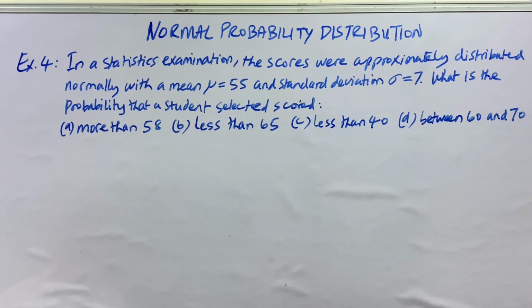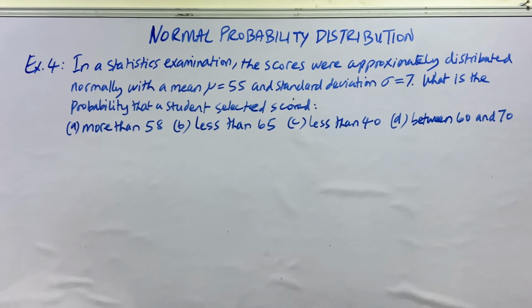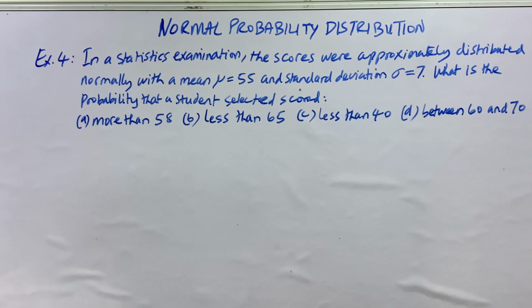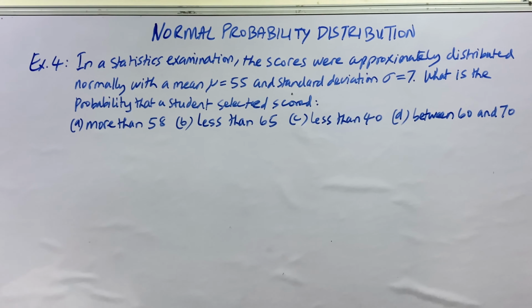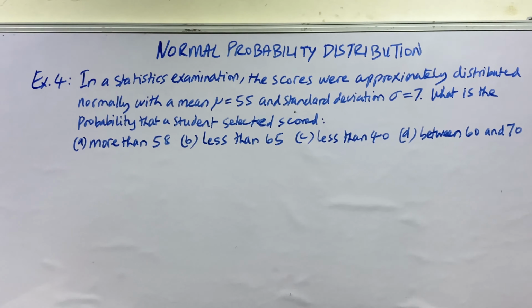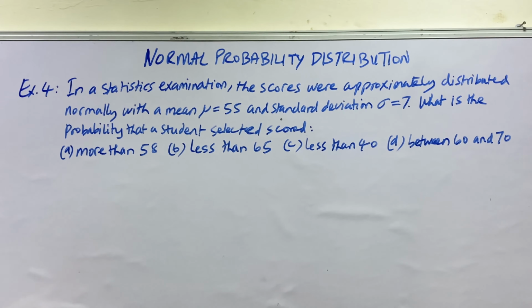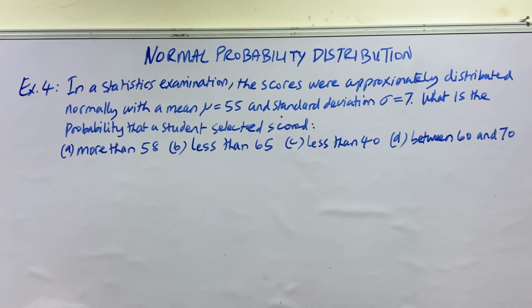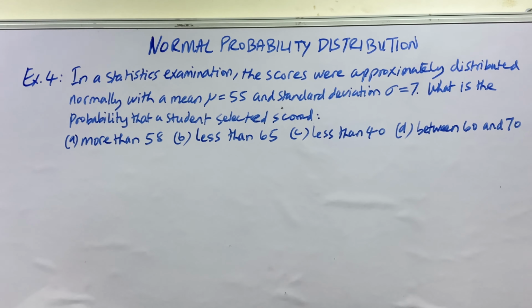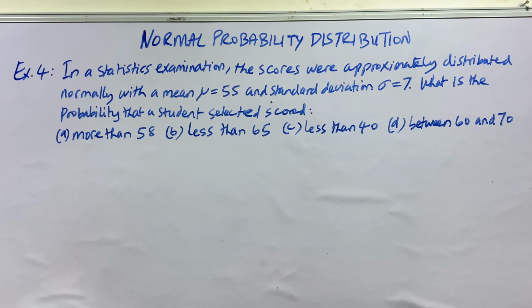What is the probability that a student selected scored, in the first case, more than 58, second, less than 65, third, less than 40, and then fourth, between 60 and 70.